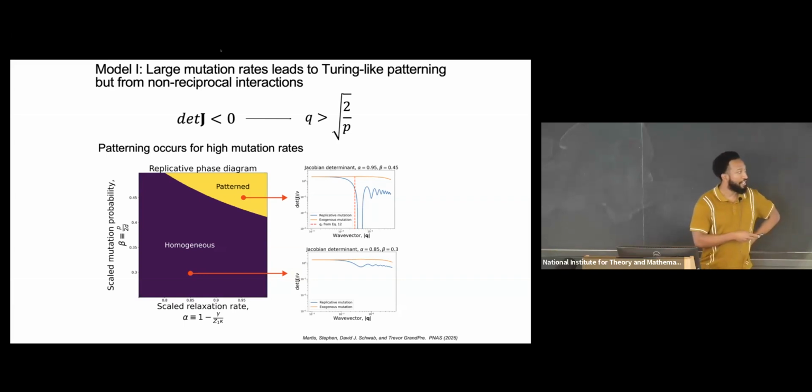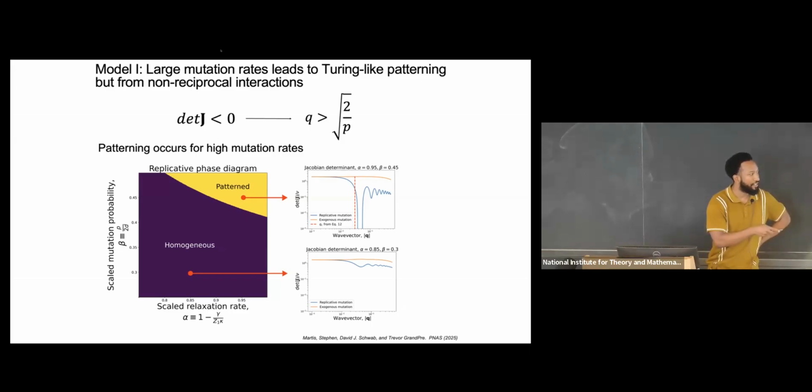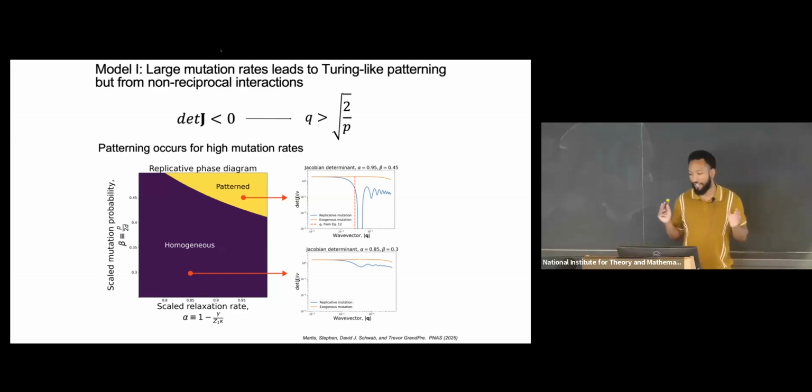Basically we linearized those equations that I showed you, and then you get a Jacobian. So the idea is when you see a divergence in the Jacobian, that's telling you that you get this patterning. Now here's this caveat I was telling you about. You see this red line. This is related to the lattice spacing.